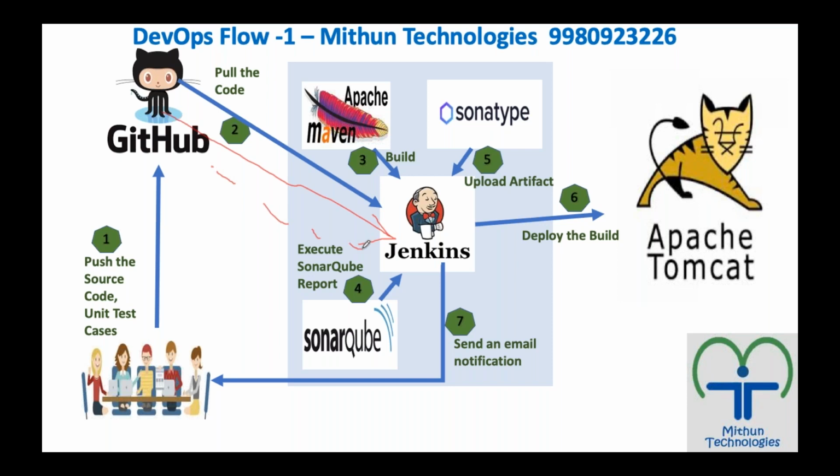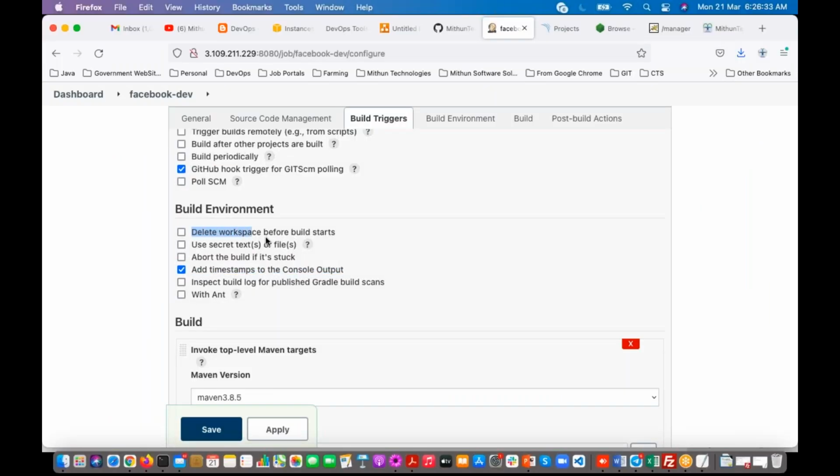Instead of that, every time before doing the build, it has to delete whatever code we got previously, and we need to get the code fresh every time. So for that, we are going to use this option, delete workspace before build starts.